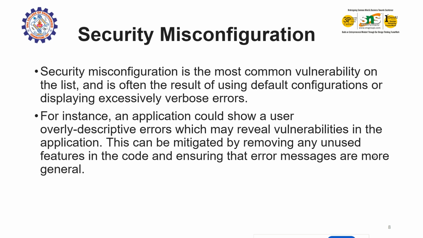For instance, if you have an application, it could show a user overly descriptive errors, which can reveal flaws in the application. It can be fixed by removing unused features and by ensuring that error messages are more general.